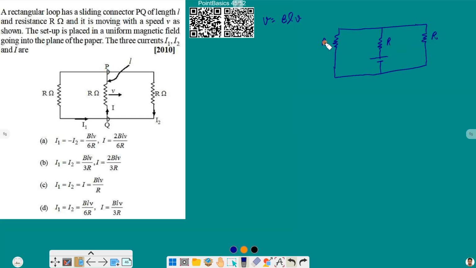Now these two resistances are in parallel, so we can replace them by their parallel equivalent. So we have the induced EMF, and the parallel of R and R will be R by 2.